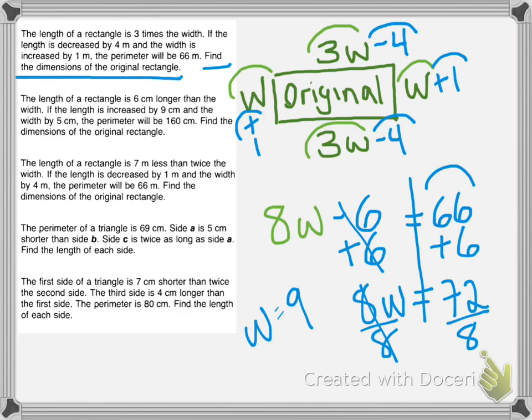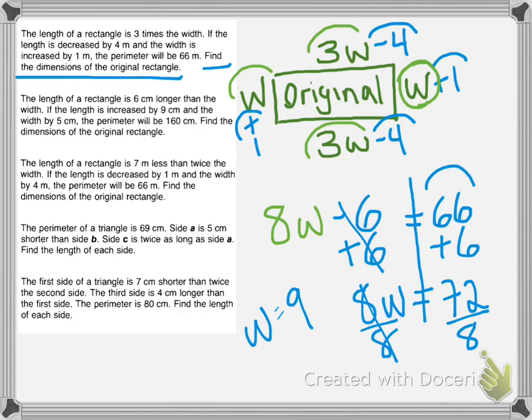Remember, the original was the one in green, so it's not the +1, that's the new one. So the original width is 9, and the original length was 3 times that, so it's 3 times 9, which is 27.